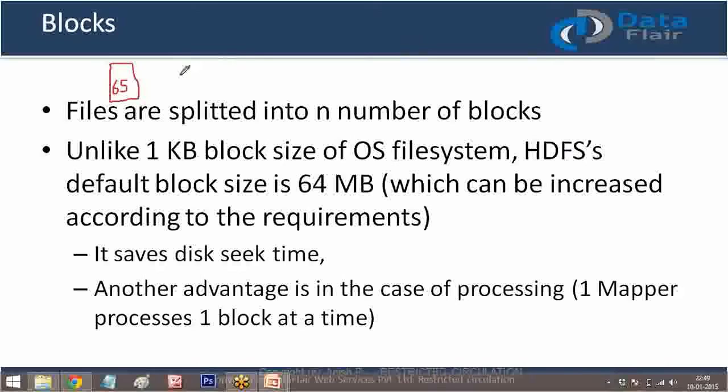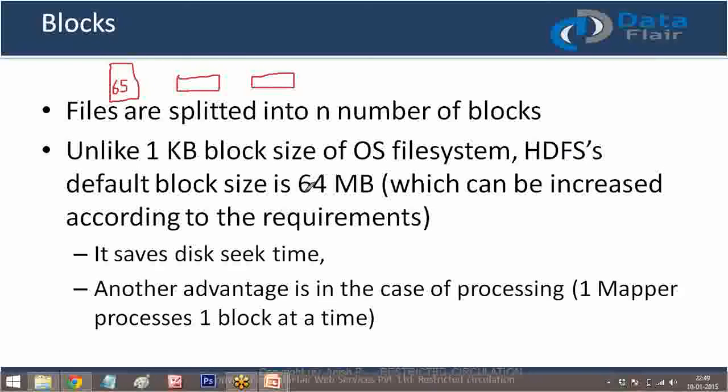So let me create 2 blocks. Suppose these are the 2 blocks, the first block and the second block. What is the block size? The default block size is 64 MB. Keep pinging me answers whenever I'm asking questions.